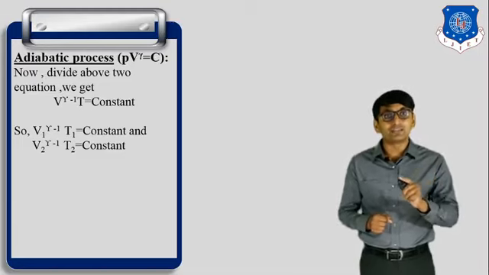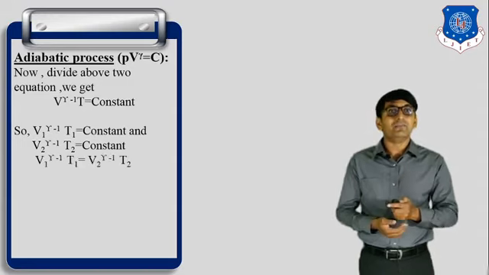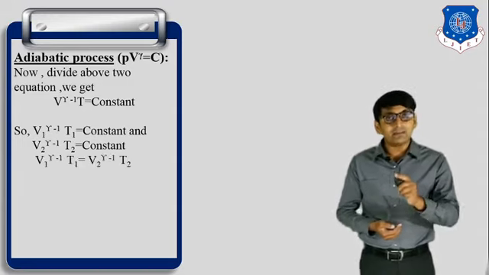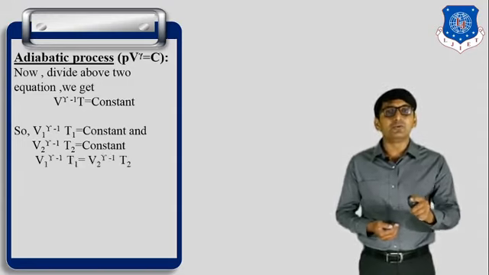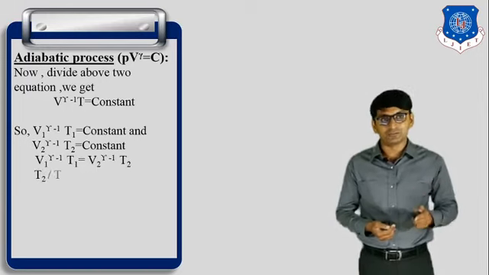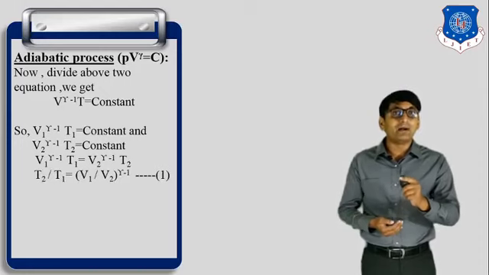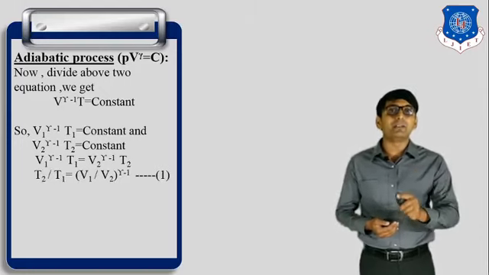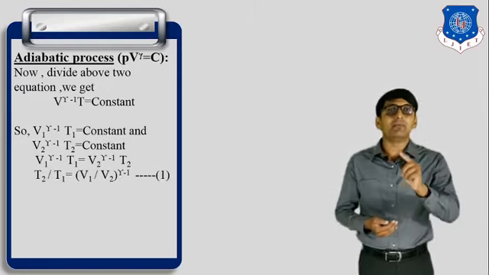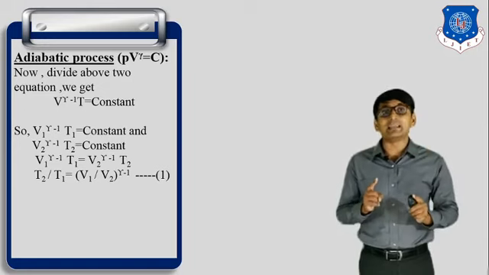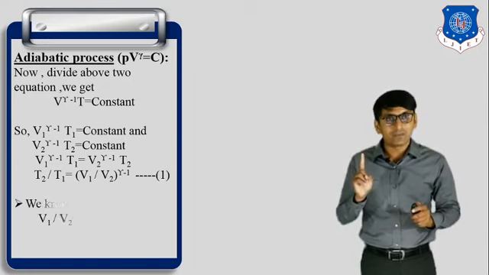If we equate these two equations, then V1 raised to gamma minus 1 T1 is equal to V2 raised to gamma minus 1 T2. From the above equation we get T2 by T1 is equal to V1 by V2 raised to gamma minus 1. That is equation number 1.